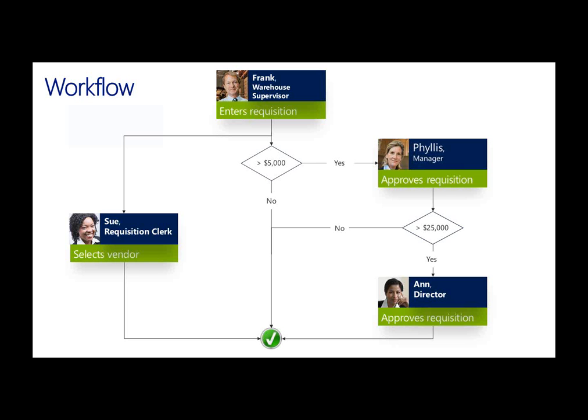She's the requisition clerk, so she would be able to pick the appropriate vendor if I don't know one. Then also, if Phyllis, Frank's manager, approves it because it was greater than 5,000, then I want it to also go to her next manager, which is Anne. So this is just a high-level overview of a workflow that we're going to take a look at today.